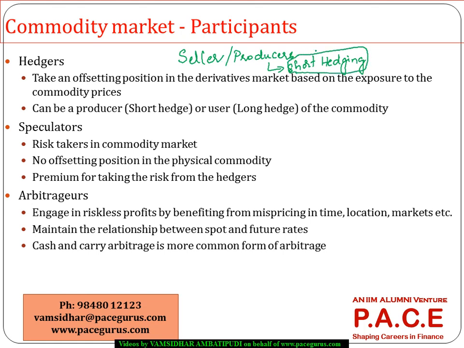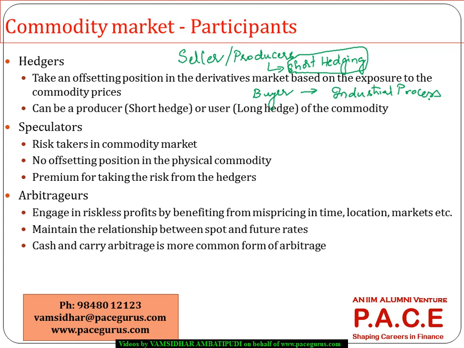So the seller of a commodity is one category of hedgers, as well as the buyer of the commodity. Who is the buyer of the commodity? Primarily companies which use that commodity as part of their industrial process, as a raw material in their business. Let's say we are talking about gold, which is used in various industries.